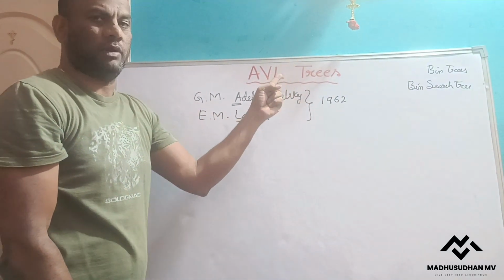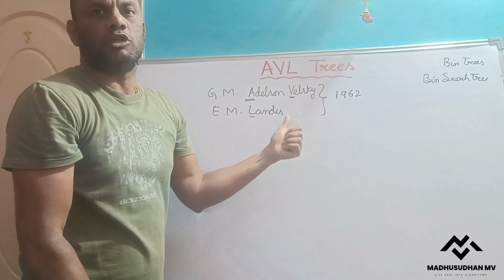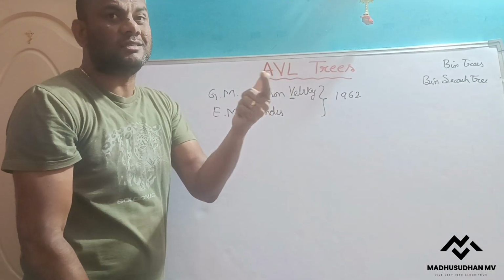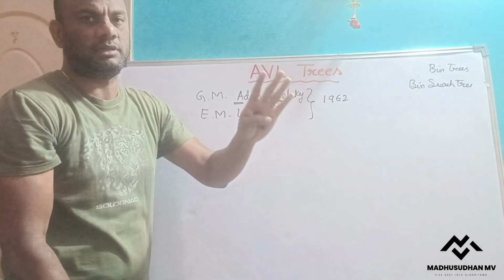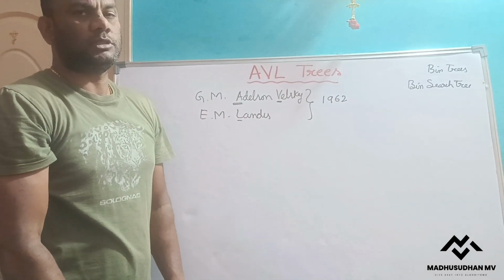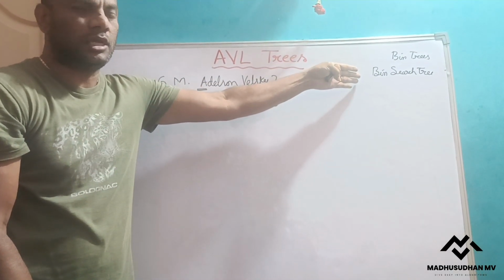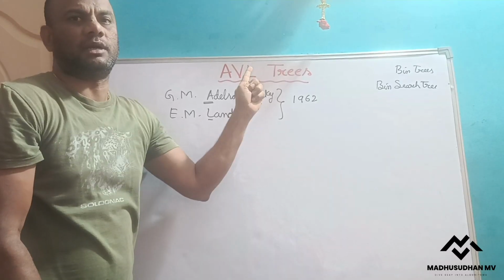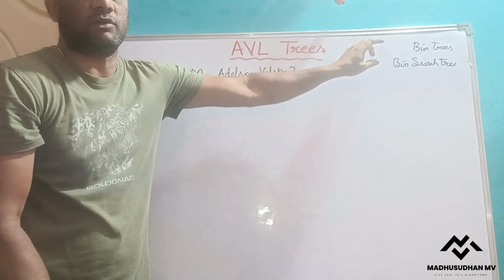Then I'll come to the AVL trees and how they do searching operations. I will also explain how to construct an AVL tree for a given set of elements with some examples. If you are good with binary trees or binary search trees, you can go directly to AVL trees. Otherwise, watch from the beginning.